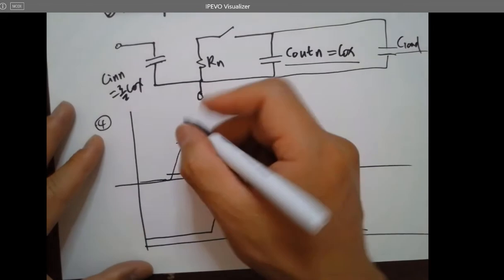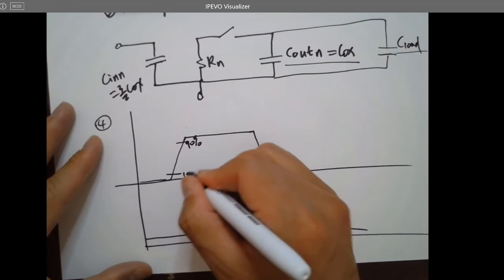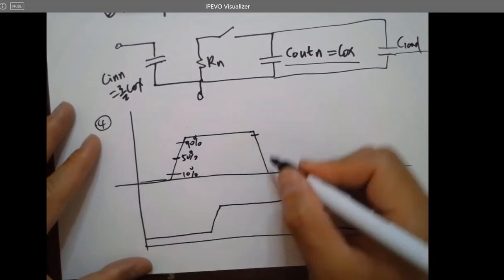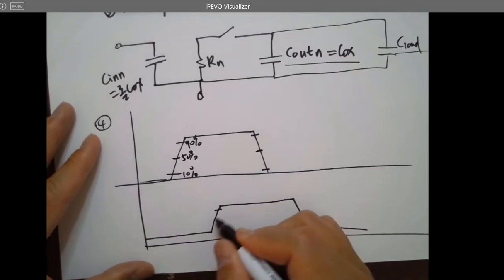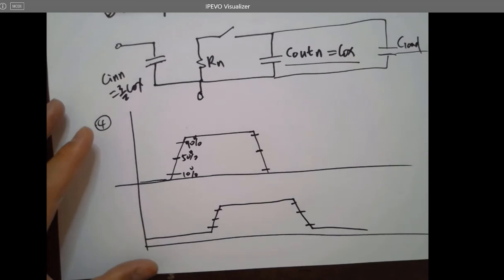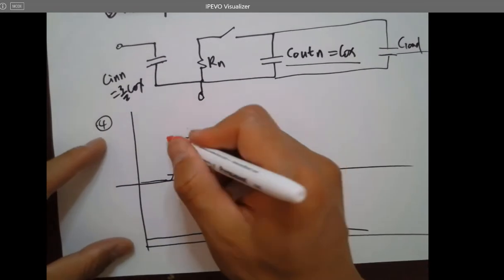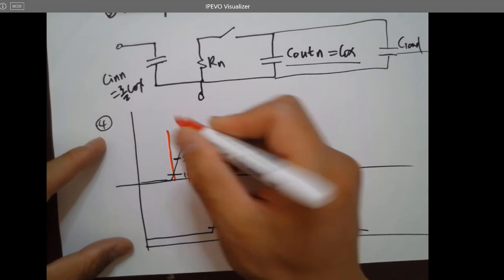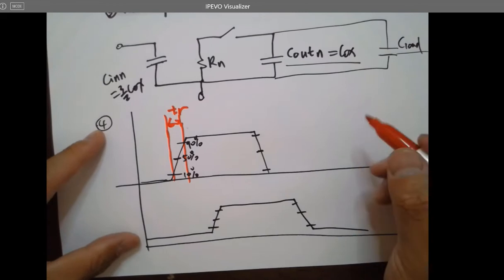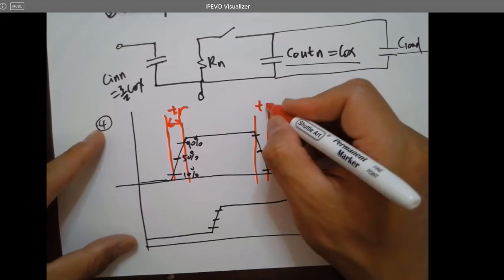If this is 90% of the amplitude, this is 10% amplitude, this is 50% amplitude, and we have all these same points, 90%, 10%, 50%. If we draw the time delay over here, the time difference between the 90% and 10% at the rising edge is called TR, the rising time. For the falling time, it's called TF.